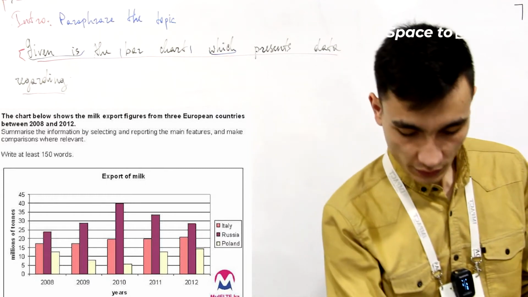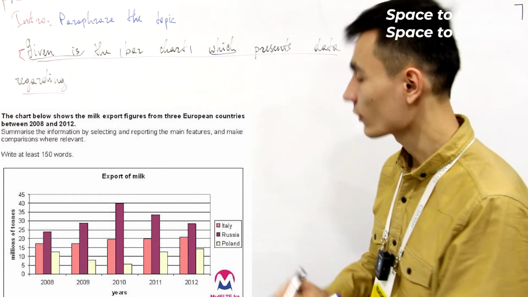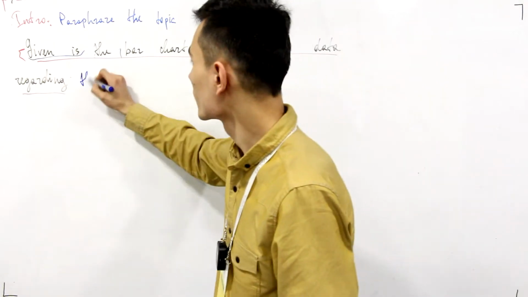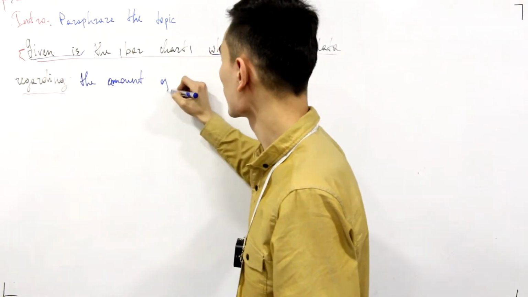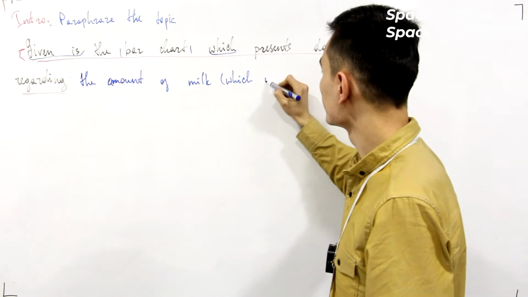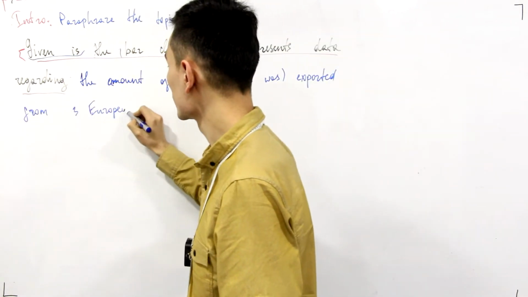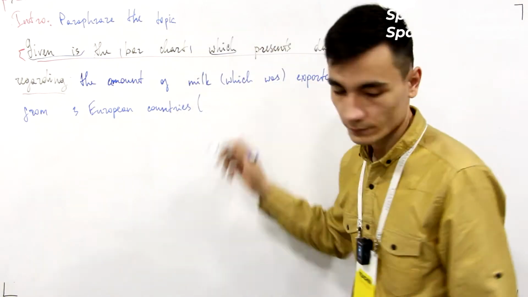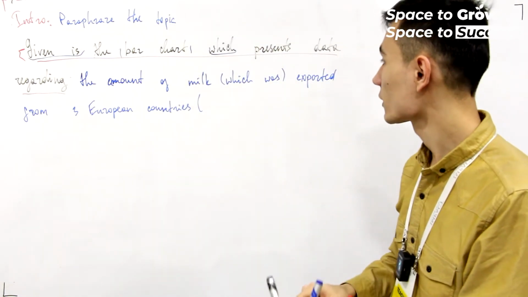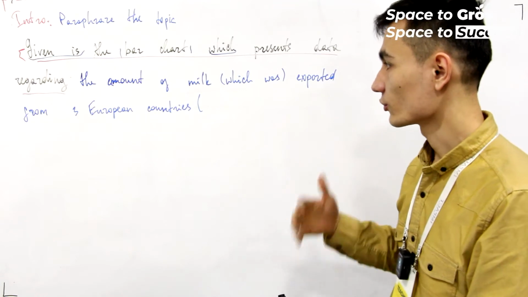So I say regarding the amount of milk. So here after this, the amount of milk which was exported from 3 European countries.